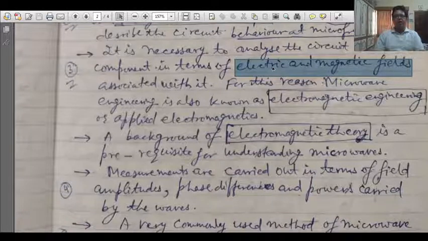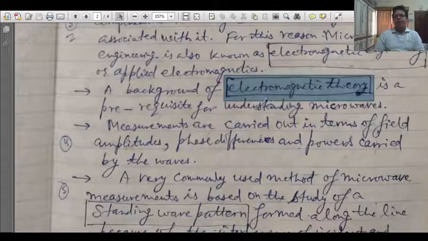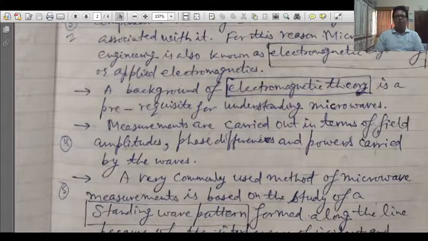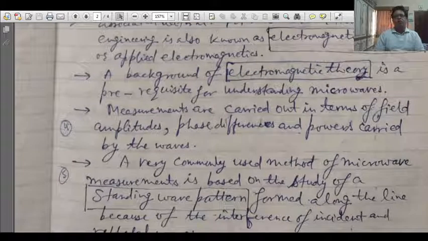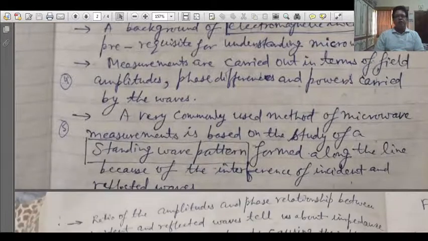That means electromagnetic engineering or applied electromagnetics is necessary for such circuit analysis. A background of electromagnetic theory is a prerequisite for understanding microwaves, which you already studied in your M.Sc. previous electrodynamics paper.